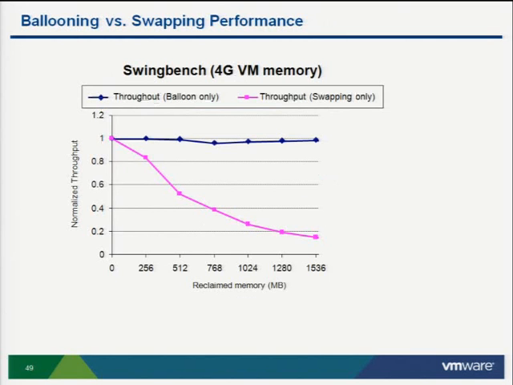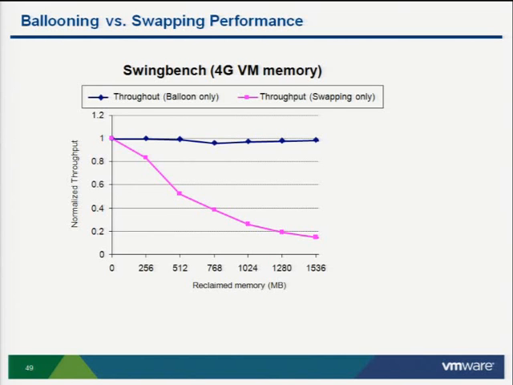So we have a SwingBench VM here, and on the x-axis we have the amount of memory that's been reclaimed, either through ballooning for the blue line or swapping for the pink line. On the y-axis we have throughput, normalized for the zero memory reclamation case.